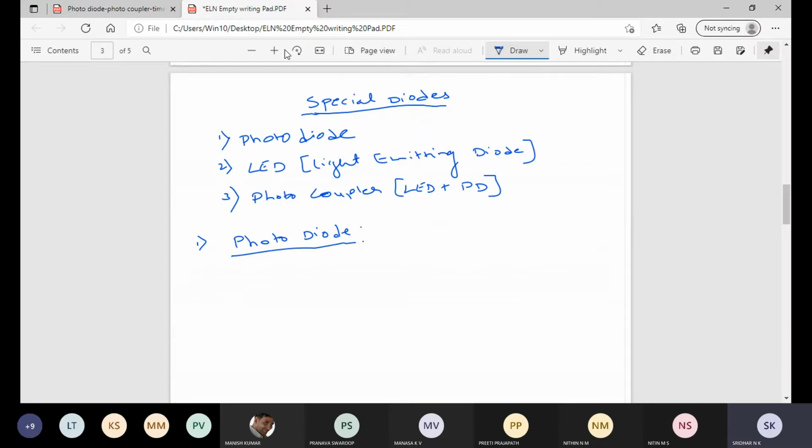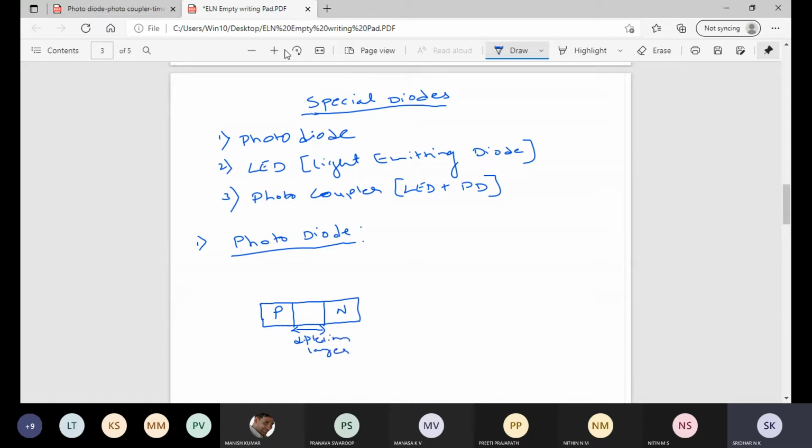If you see the construction of this photodiode, you know that in a PN junction, we have P layer and N layer. So this is P and this is N. In between, this region is called the depletion region, that we have seen when discussing PN junction diodes.